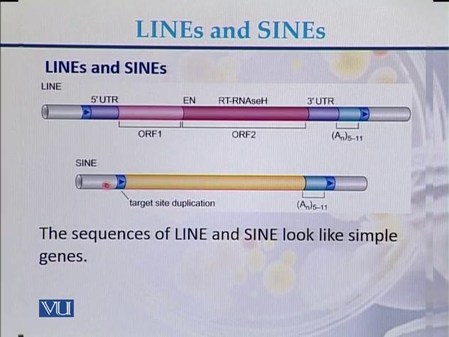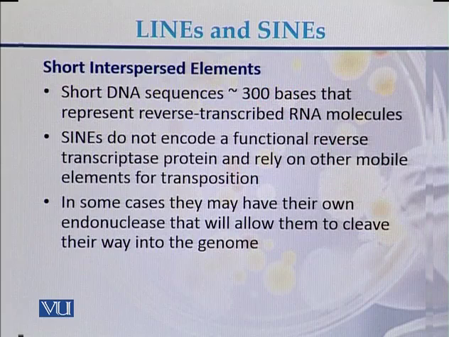While on the other hand, SINEs, which are called short interspersed nuclear elements, have a middle portion for retrotransposition. The sequences of LINEs and SINEs look like simple genes. Short interspersed elements are approximately 300 base pairs in size and represent reverse transcribed RNA molecules.